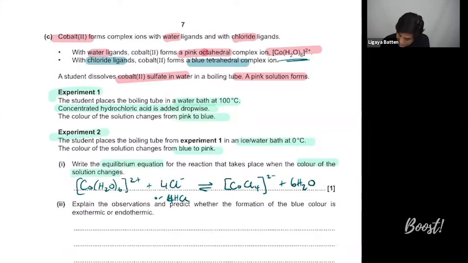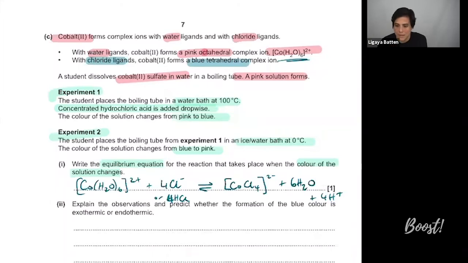And if you did write 4HCl, then you need to also have the 4H⁺ over here to balance the equation. Okay, so this is our ligand substitution reaction where the coordination numbers change from 6 on the left-hand side to 4 on the right-hand side. So we just need to have the 4 ligands that were attached to it on the left-hand side, and then the 6 that were taken off on the right-hand side.